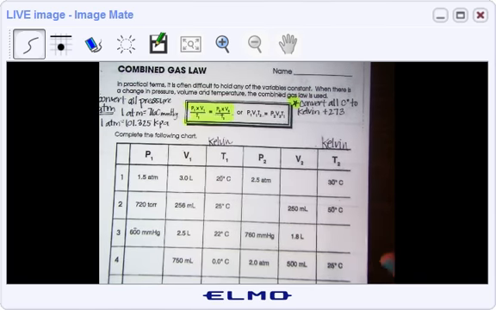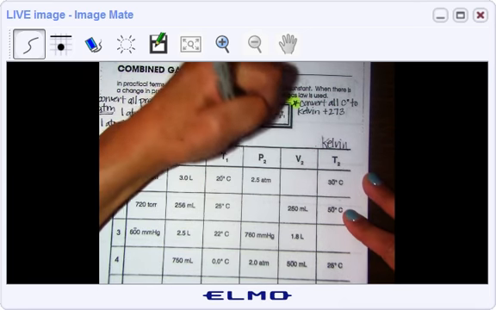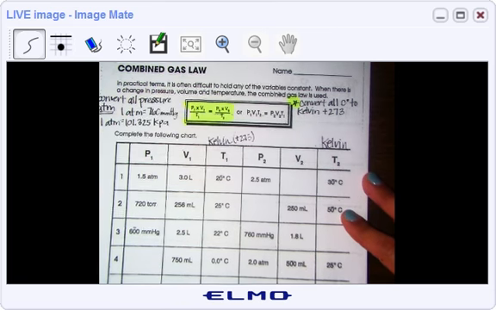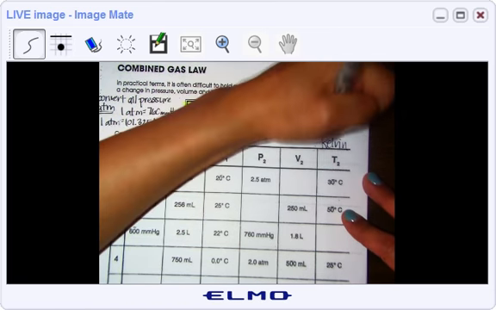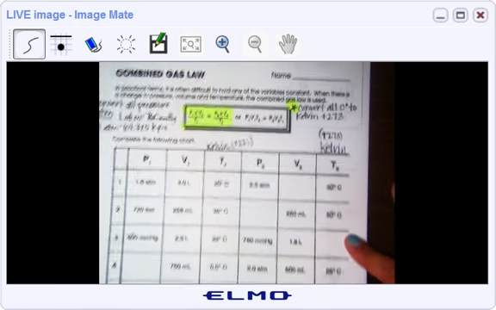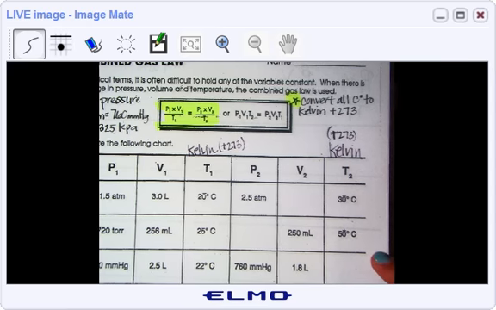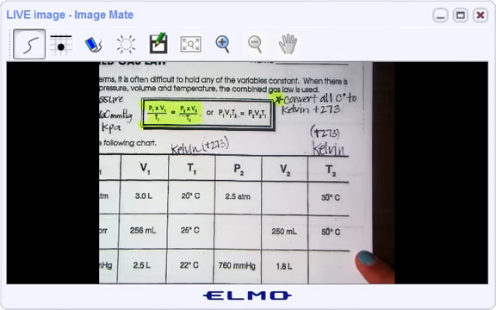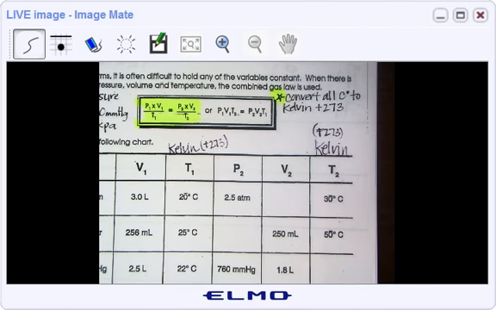In order to do that, all you need to do is add 273. You can go ahead and get started. Just type it in your calculator.